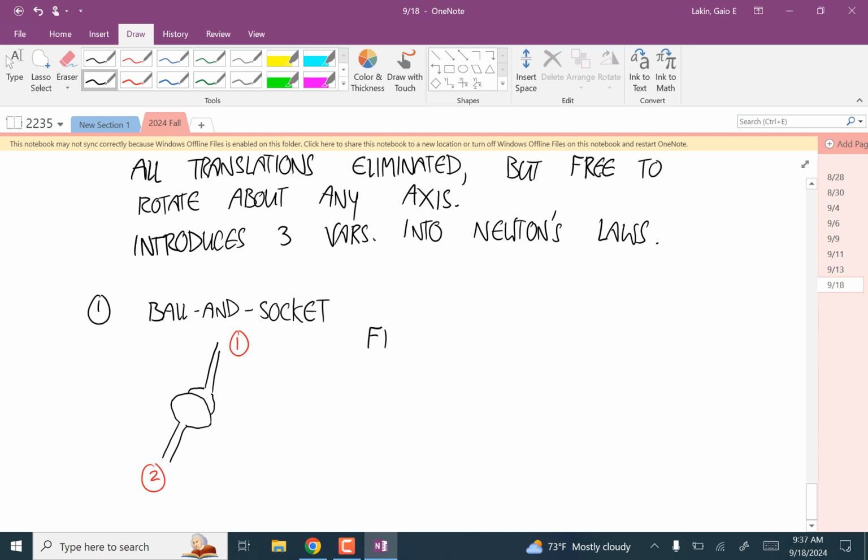Free body diagram of member 1 would look like this. You don't know any of those force components, and we could write this variable as the force on body 1 by body 2.